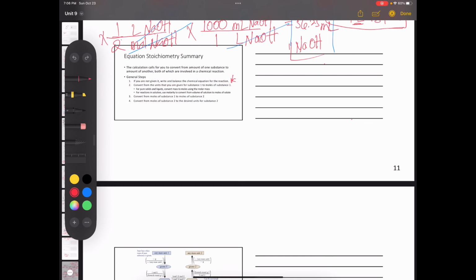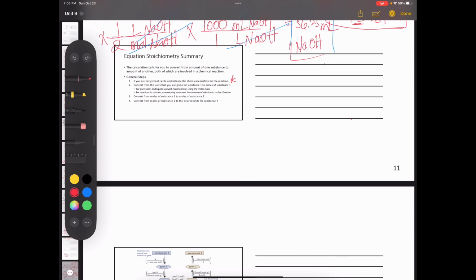Okay. Number two, you will convert from the units that you are given of substance one to moles. So generally, I believe all the times what we do is we convert to moles of that substance. So if you're starting with the grams, you'll have to convert the grams into moles using the atomic mass or using the molar mass.